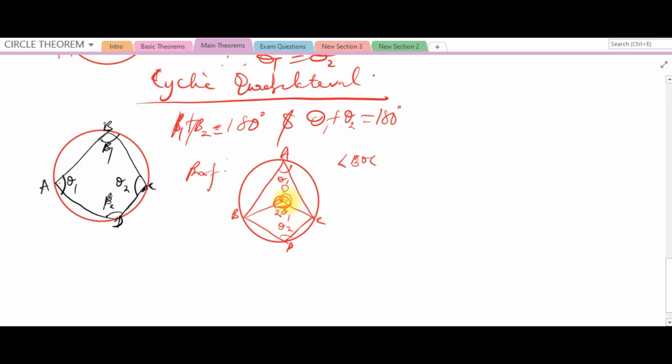And here is 2 theta 2. You know why? Based on the inscribed angle theorem.